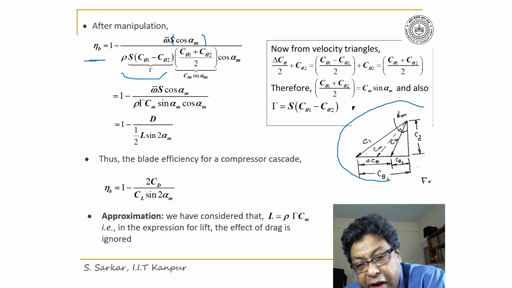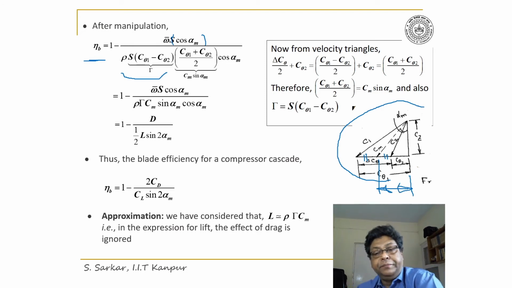And while defining Cm, I have already told that del C theta I have divided equally. So this is del C theta divided by 2. And if you take this length, this will be C theta 1 plus C theta 2 divided by 2, right?